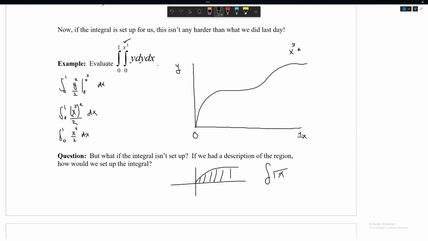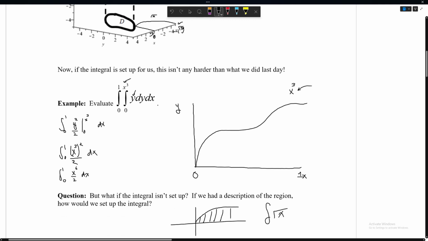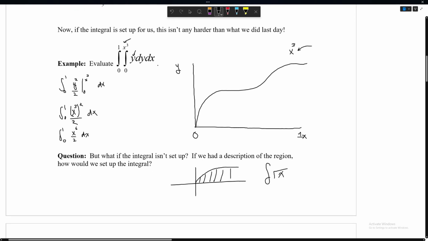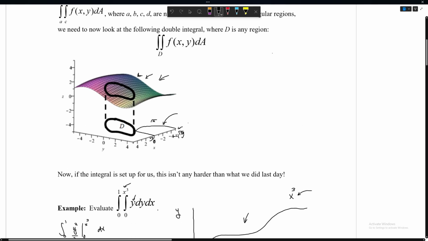So this is actually the bound, not what you're integrating. What you're integrating is the plane function. So this y represents the plane function, and our bounds represent the area we're integrating over. And our area just happens to look like this. Okay, so this is this part of the integration.